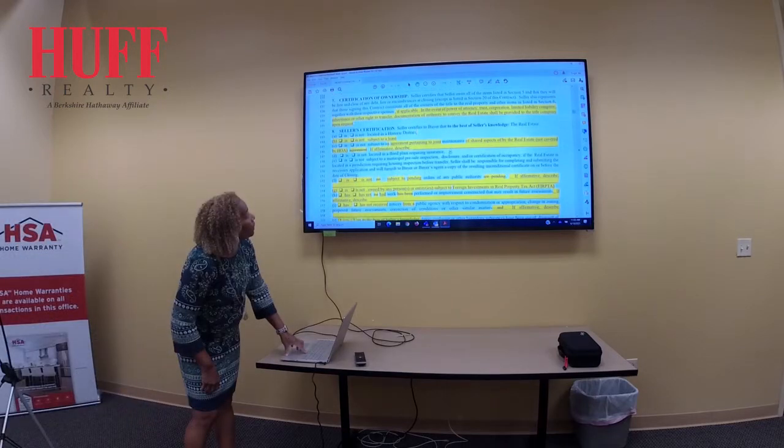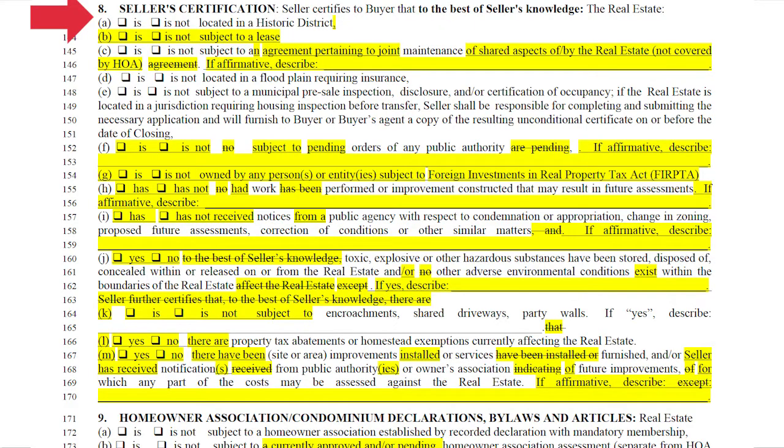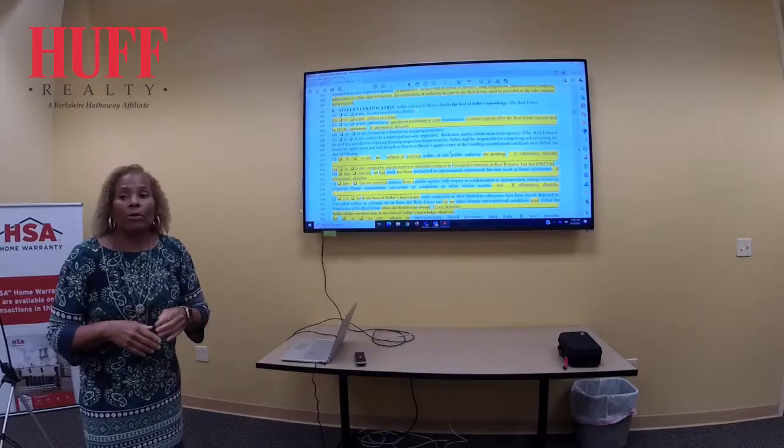Okay, 8, paragraph, seller certification. I think some of this is creating a list, more of a list format. And so it's is or is not, is or is not, is or is not. And so now it's is or is not subject to a lease. It is or is not subject to an agreement pertaining to joint maintenance of shared aspects of the real estate, not covered by an HOA.